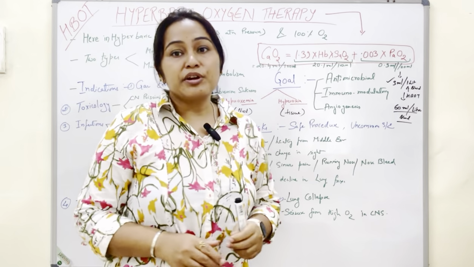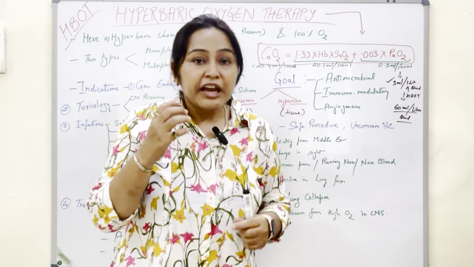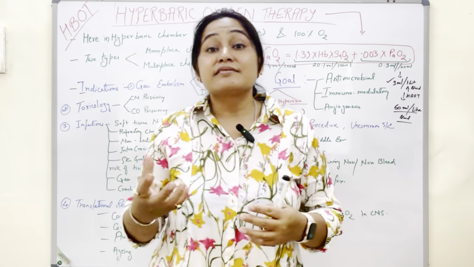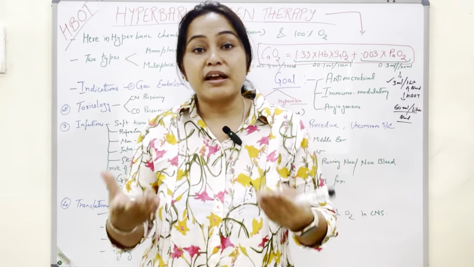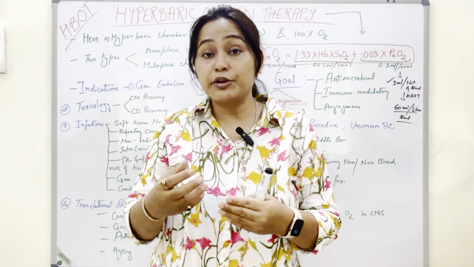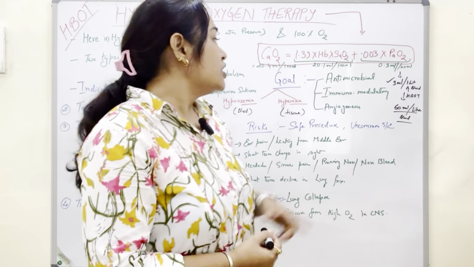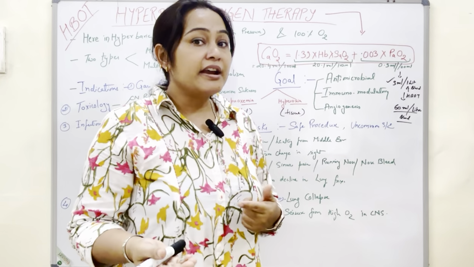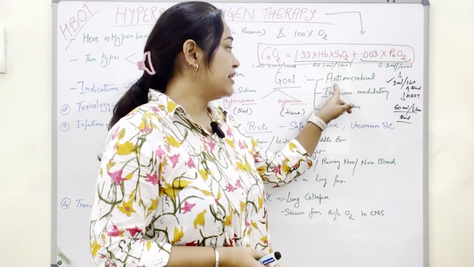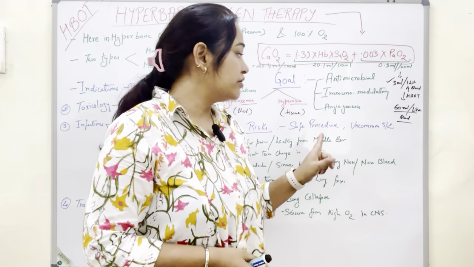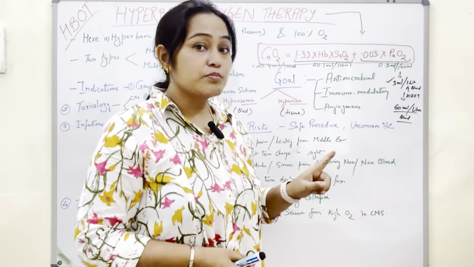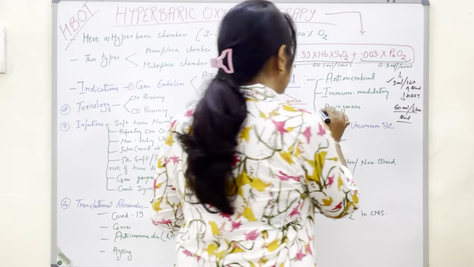So these are the properties of hyperbaric oxygen. It will also promote fibroblast activity. Fibroblasts will induce more collagen, and that will promote healing also. So when we provide hyperbaric oxygen, it has antimicrobial, immunomodulatory and angiogenesis properties, and it also promotes healing.